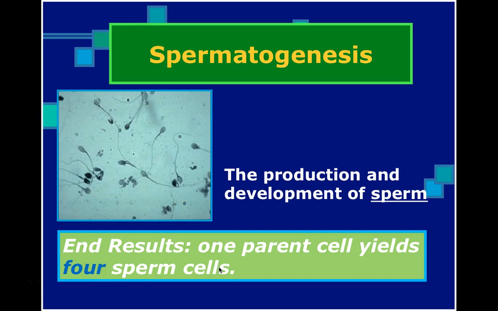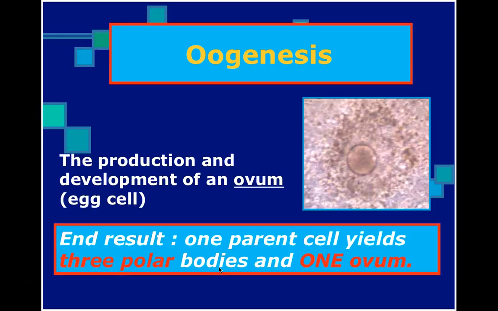Pretty simple. But for females, it's a little bit more complicated, in a process called oogenesis. An ovum is the term for an egg cell, and in oogenesis, we go through the process and have the 4 haploid cells. Unfortunately, only one of them is functional.